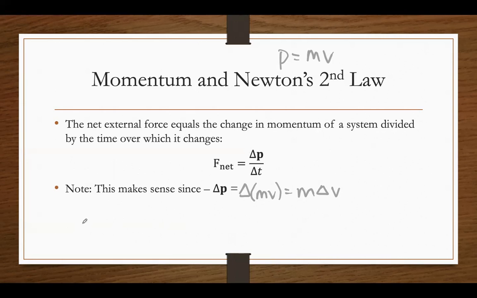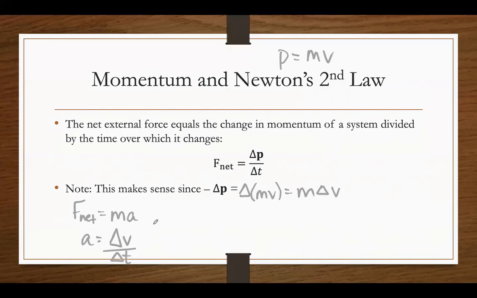Let's go back and think of Newton's second law. F net is equal to mass times acceleration, and we defined acceleration as a change in velocity divided by a change in time.